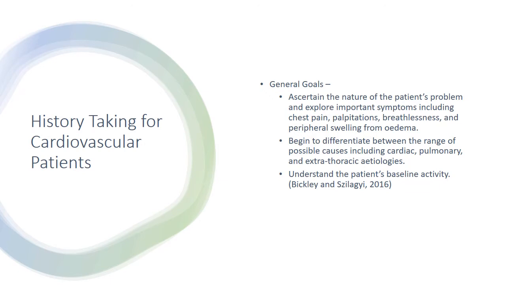Our history taking is also a really good opportunity to start to understand the baseline activity of a patient. So thinking about, for example, exercise tolerance. If a patient's complaining that they feel very breathless when they go upstairs and that this is a new complaint, this is going to be very different between various different patients.